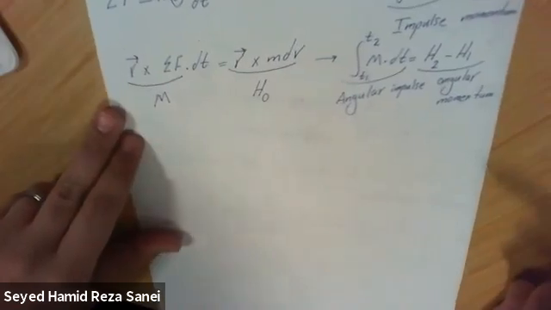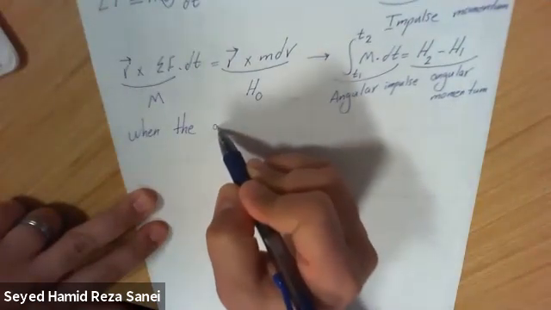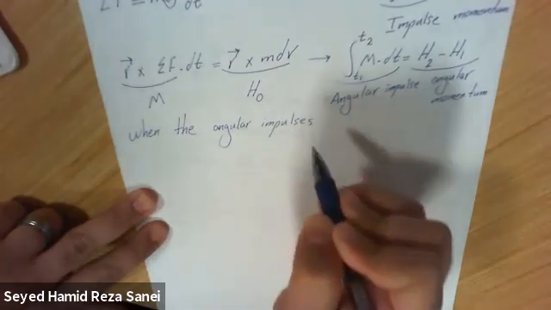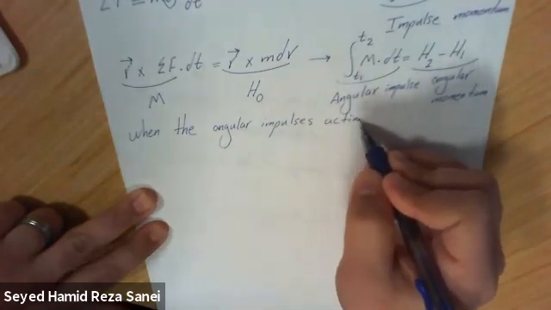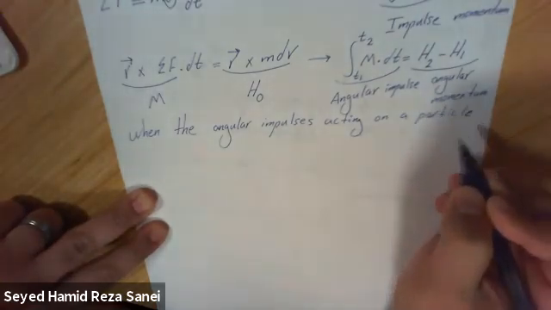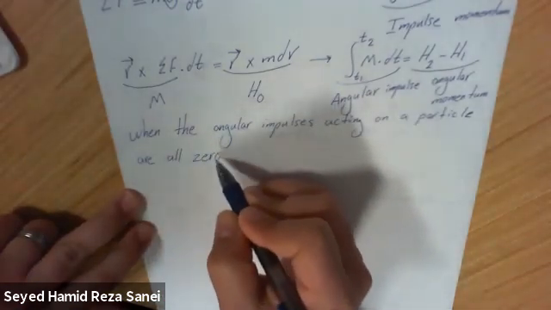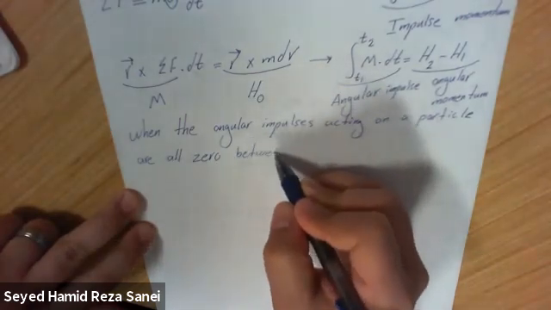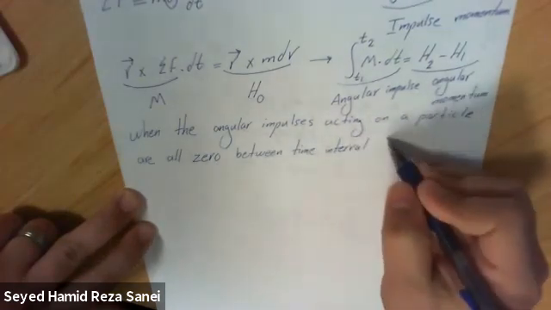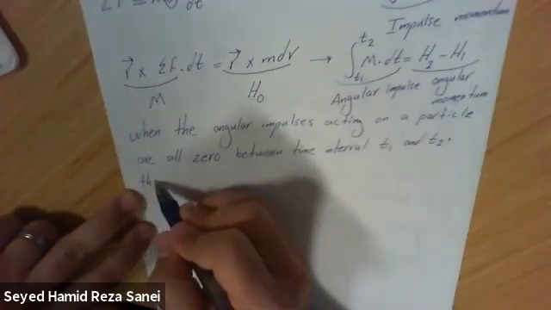So when the angular impulses acting on a particle are all 0 between time interval t1 and t2, the angular momentum is conserved.